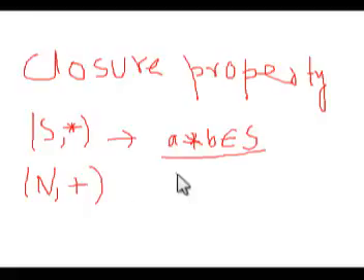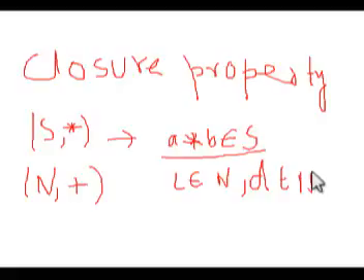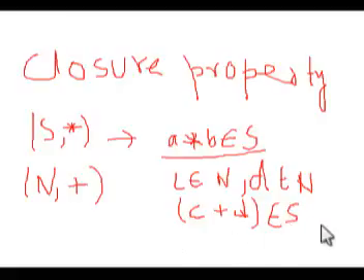Take C belonging to N and D belonging to N, then you always get C plus D in N. So the closure property is satisfied.